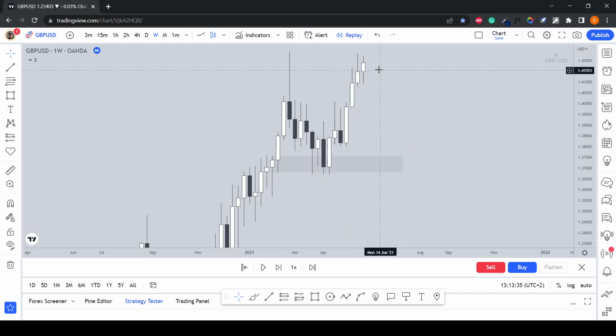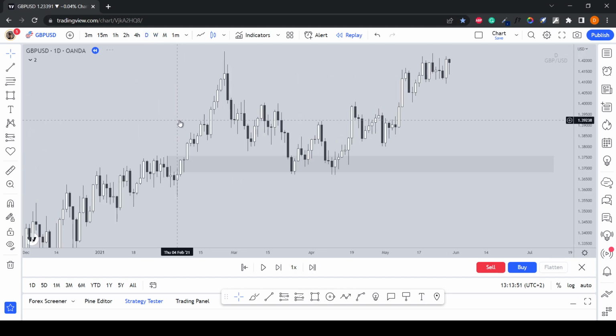And actually this example shows how it worked. Yeah, so this is a way to refine your zones sometimes when you can see hidden SnDs, or just to pick the zones that are unmitigated. And let's try to see how it looks on lower time frames.